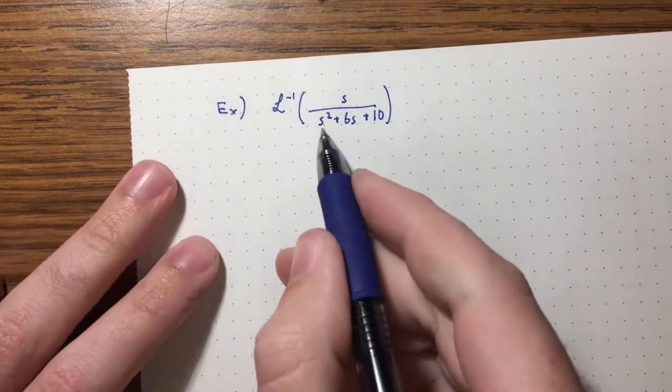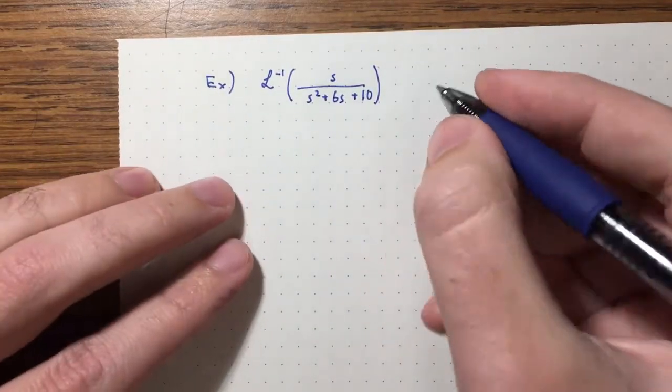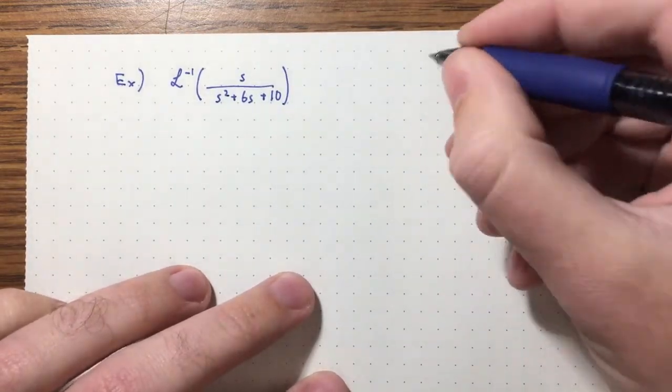When we have a quadratic in the denominator, we can always complete the square. Let's just recall how that works.